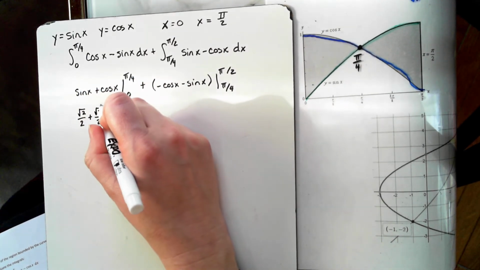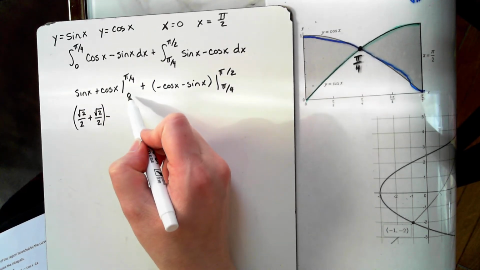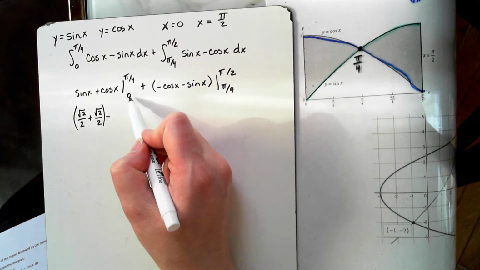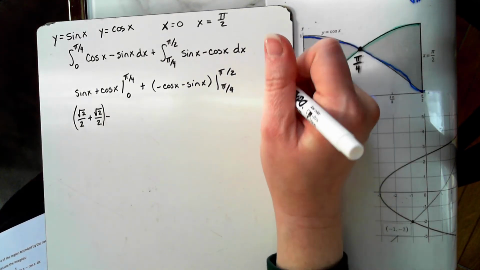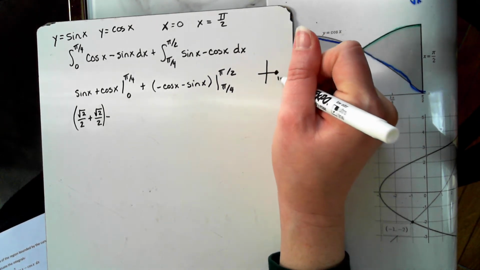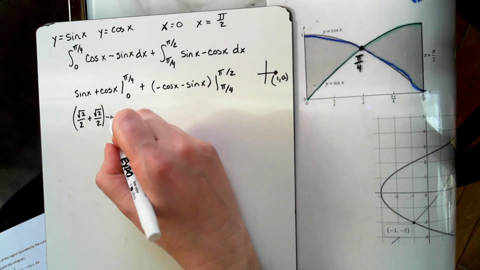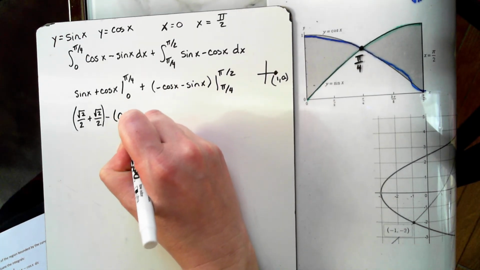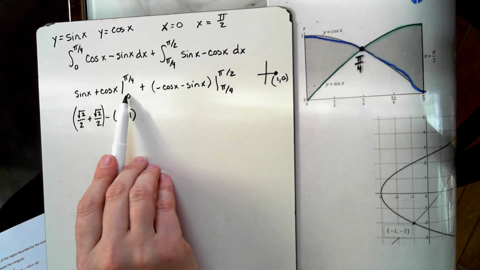And then I'm going to subtract out the values of sine and cosine at 0. Now at 0, we're at the point 1, 0. So sine is 0 and cosine is 1. So I'm going to have 0 plus 1 here. Okay, so that's this evaluation.